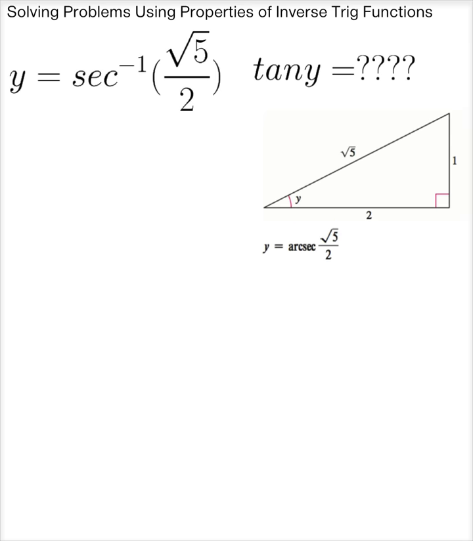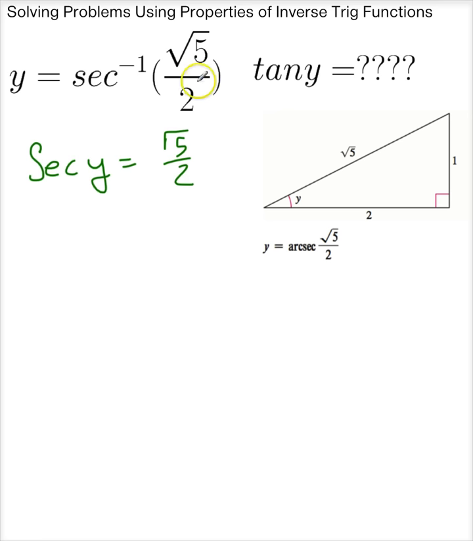Now let's look at a problem that involves secant. Suppose y is the inverse secant of the square root of 5 over 2. What's the tangent? Well, if the inverse secant is square root of 5 over 2, let me take the secant of both sides. The secant of y is the square root of 5 over 2.